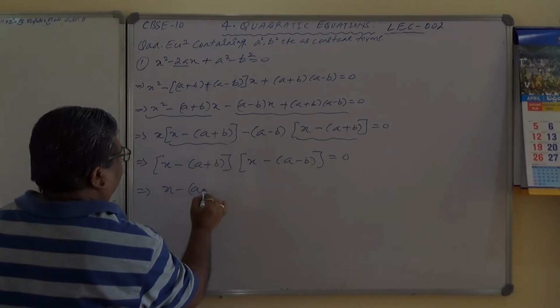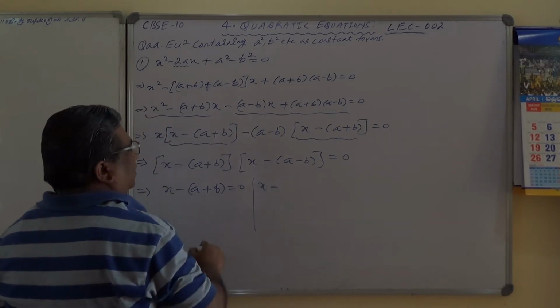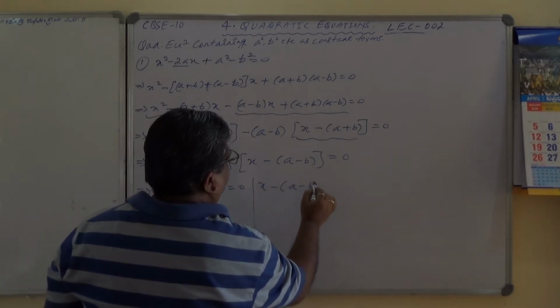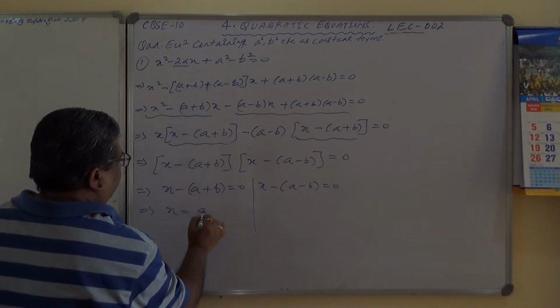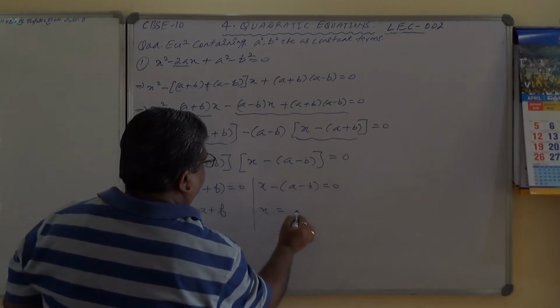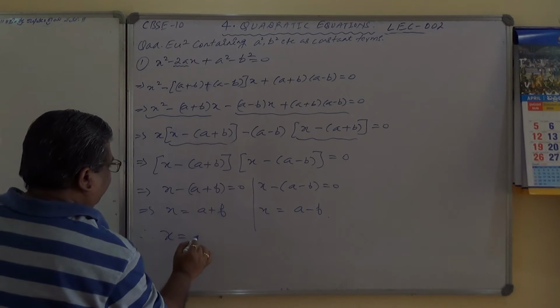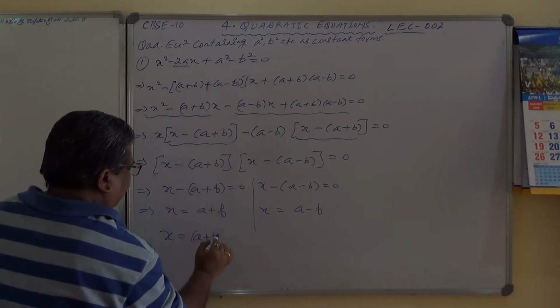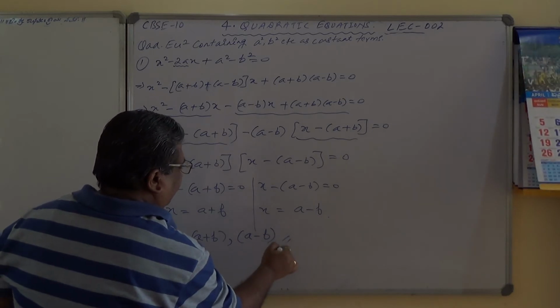X minus of a plus b equals 0, x minus of a minus b equals 0, implies x equals a plus b and x equals a minus b, and therefore the values of x are a plus b, a minus b. I hope you are understanding.